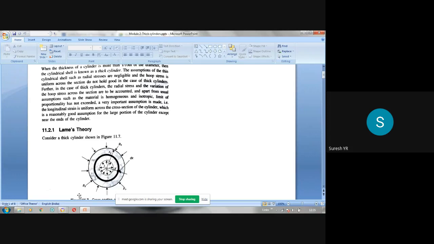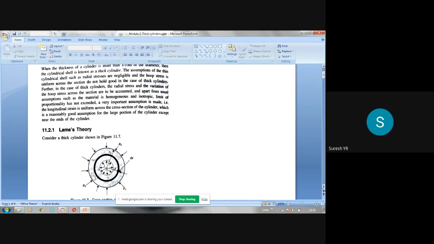One more stress is there called longitudinal stress, which acts along the length of the cylinder, which is taken as a constant. Please note that sigma z, in this he has used as sigma z along the length. And once longitudinal stress is constant, longitudinal strain also becomes constant. So using that concept, Lami's equations have been derived.